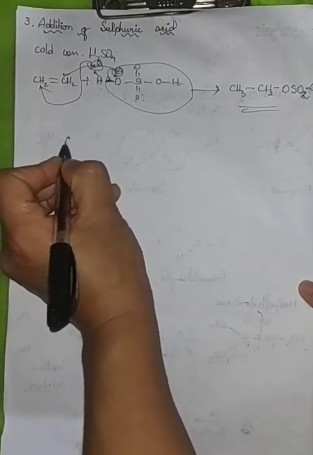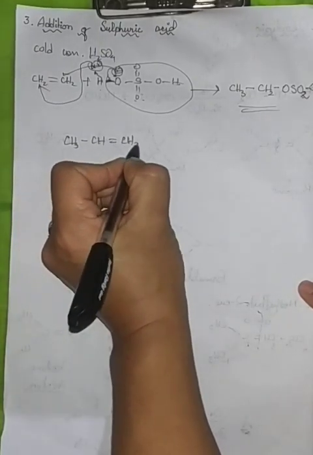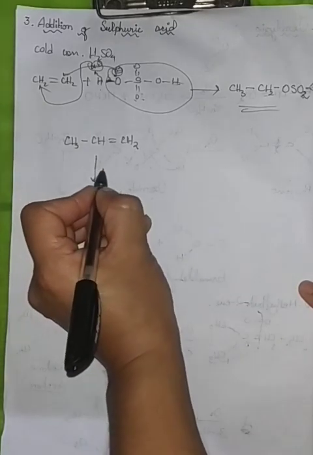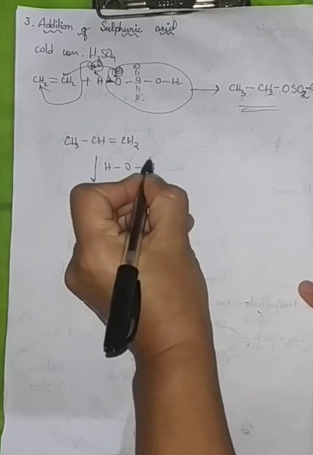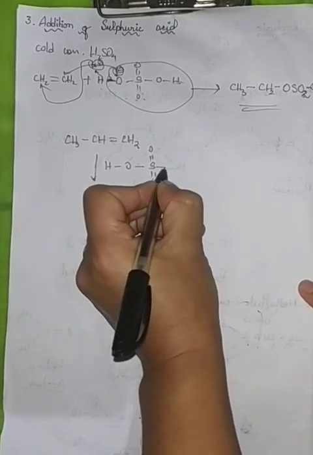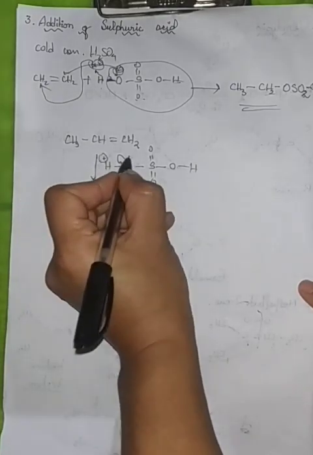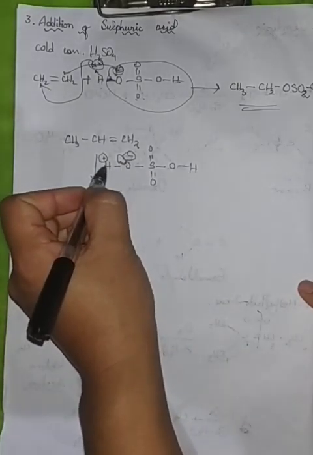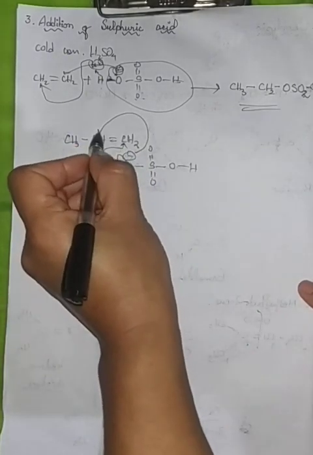Now if we take an unsymmetrical alkene here, CH3, CH double bond CH2, and react it with sulfuric acid, HO, S double bond O, double bond O, H, this is released as a proton, and this becomes a negative charge. The H plus attacks the carbon atom having more hydrogen atoms, therefore it would attack here, and the sulfate would attack here.